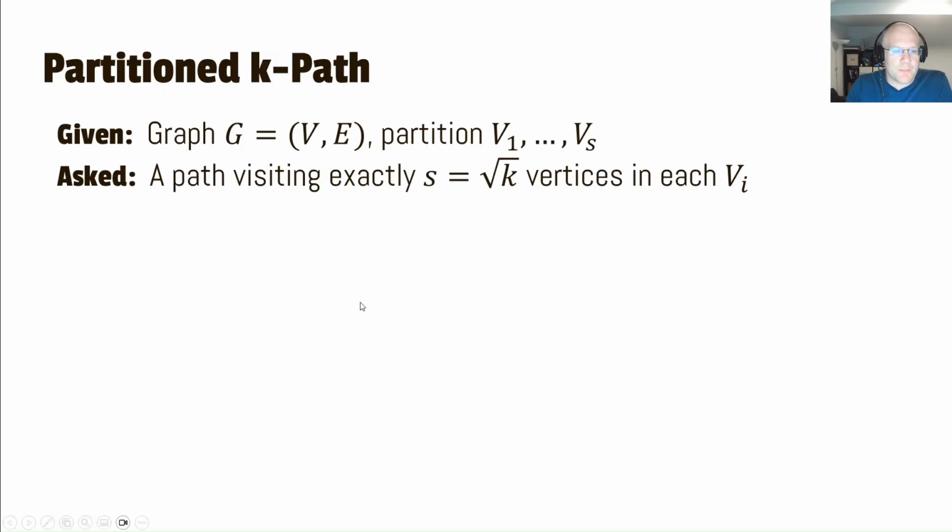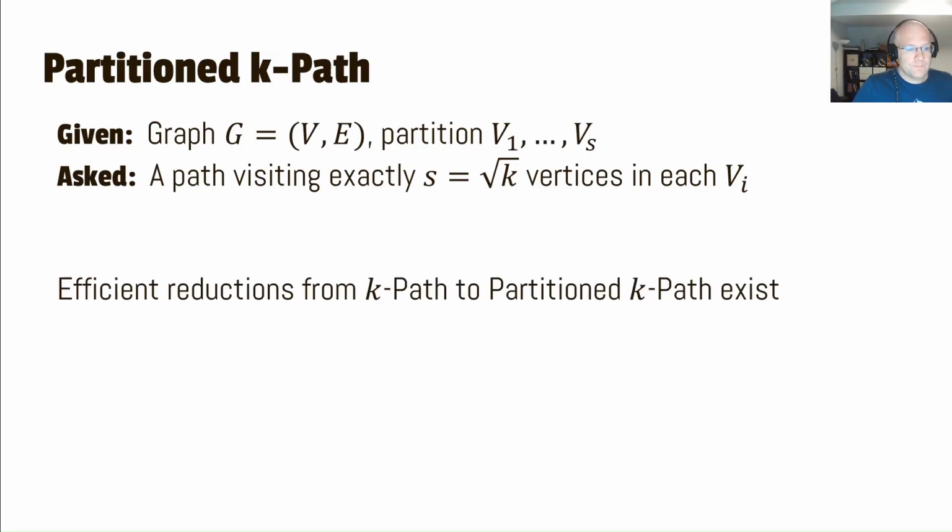And now we are looking for a path that visits exactly S vertices in each of these classes. And we should think of S as square root k. So we have partitioned the path of k vertices into square root k groups of size square root k each.